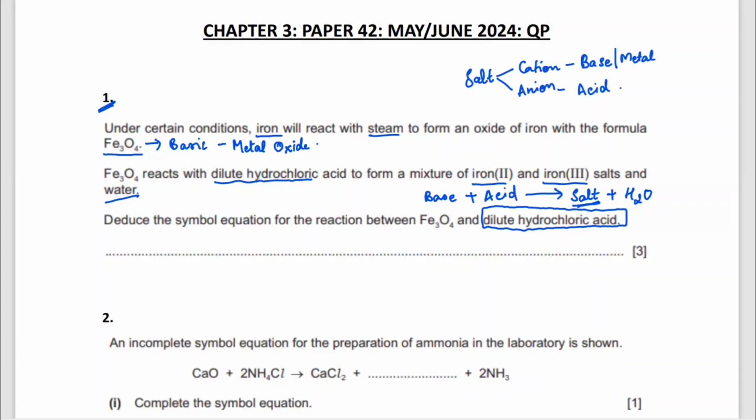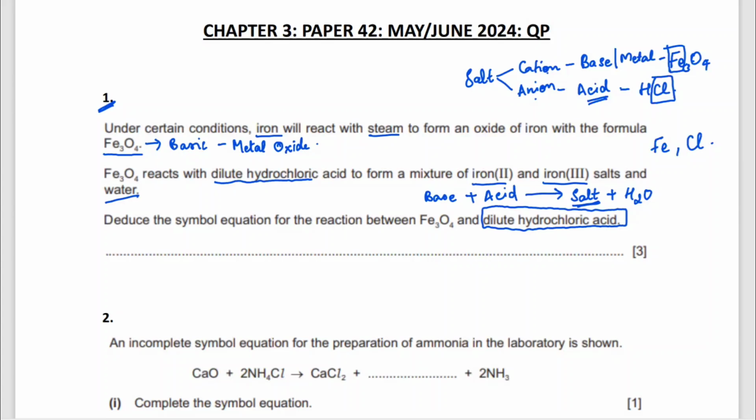Since over here, the base is iron oxide, which is Fe3O4, and the acid is HCl, the cation will be the cation of the base, which is iron, Fe. And the anion will be the anion of the acid, which is Cl. So our salt should contain Fe and Cl as its cation and anion respectively.